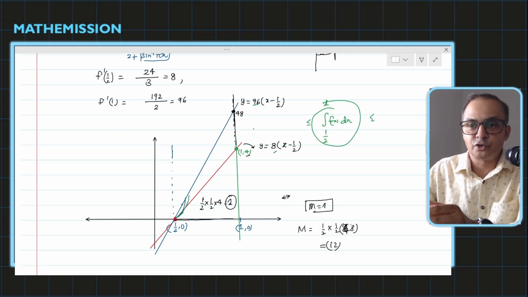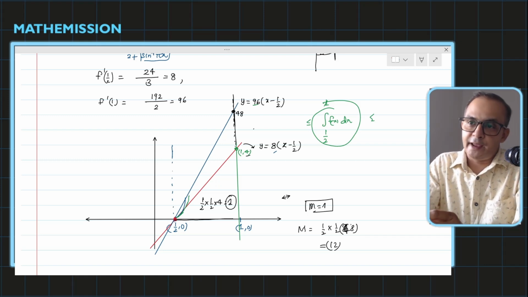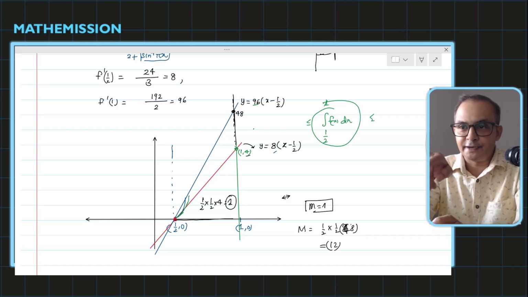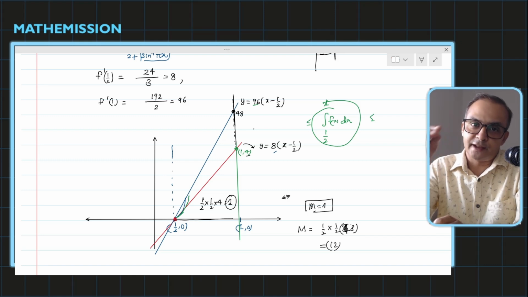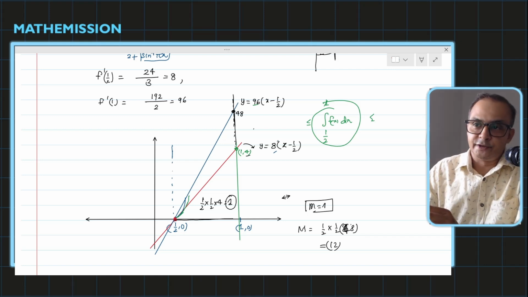So whatever function you draw between half and 1, the minimum slope should be 8. So whatever triangle you draw by taking the slope 8, that region will always be lesser than the area under the graph you draw.